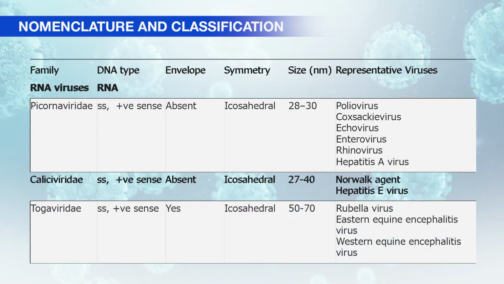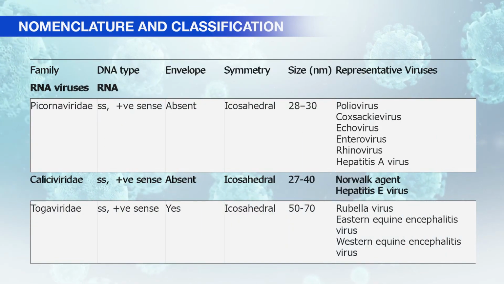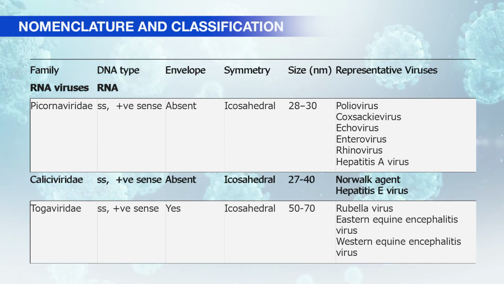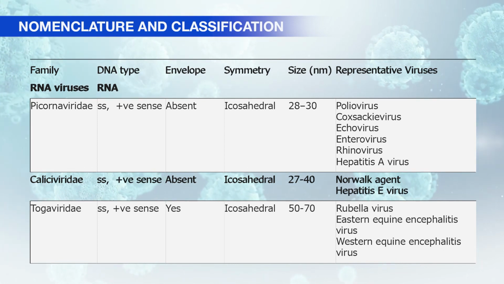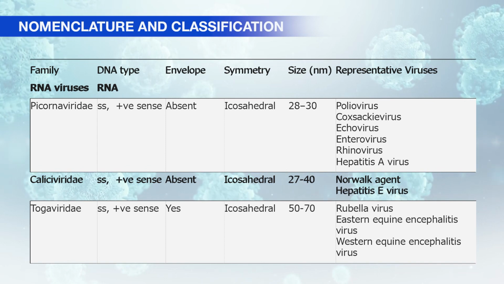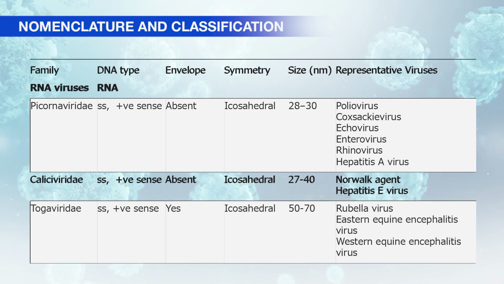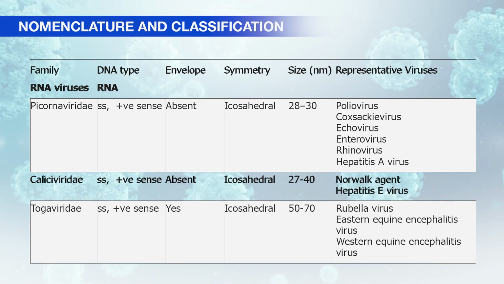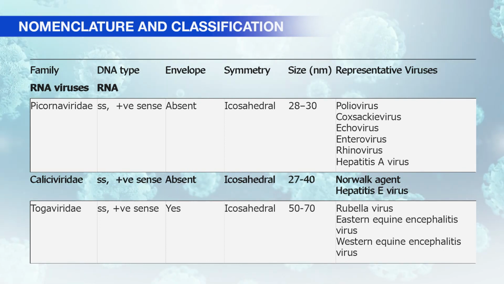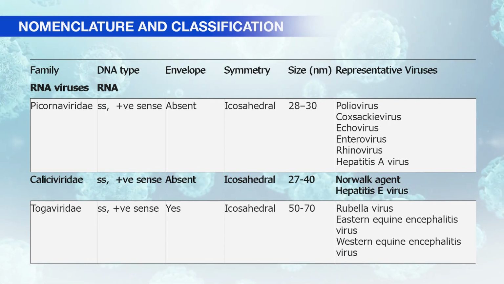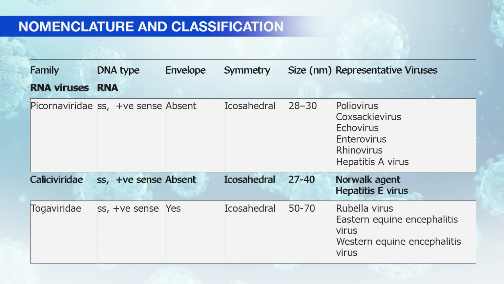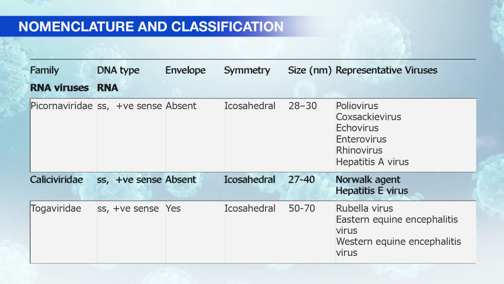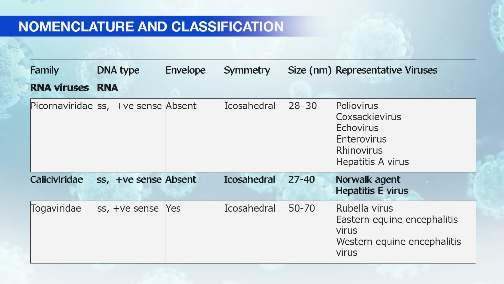Now, coming to RNA viruses. In RNA viruses, there is a differentiation of the RNA type, which will be single-stranded positive sense. In this group you can see the Picornaviridae, Caliciviridae and Togaviridae families, wherein the envelope is present in Togaviridae, so it will be sensitive to lipid solvents.